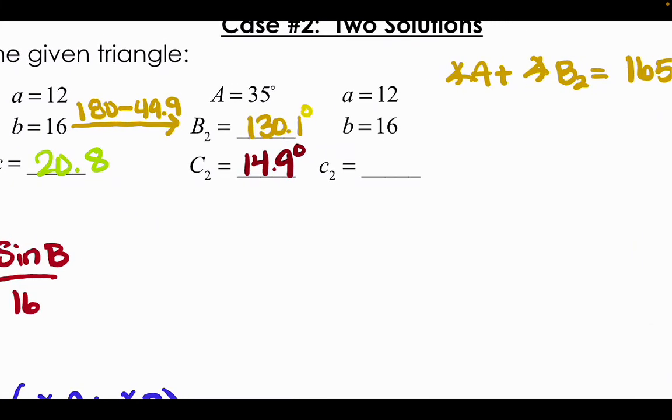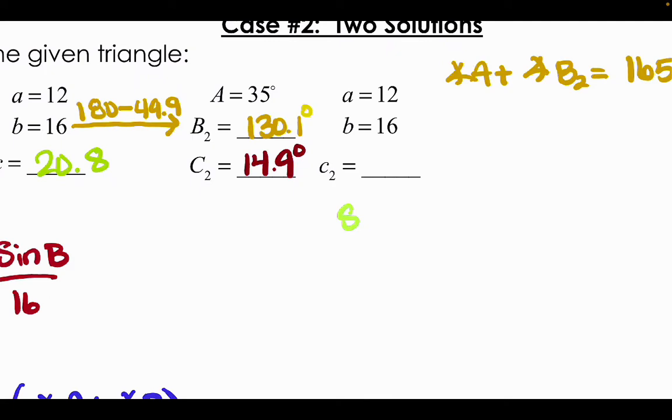Correct. Okay. Yes. Okay, so now, because angle C is different, side C cannot be the same as the first triangle, so you do need to find it.